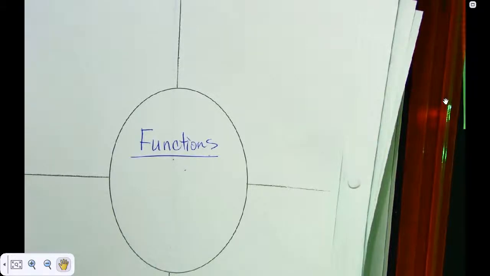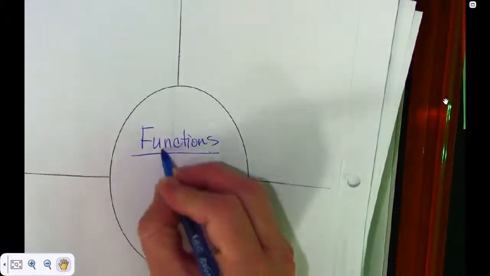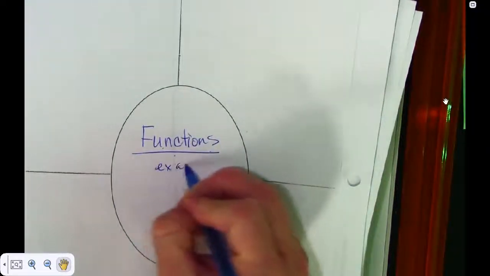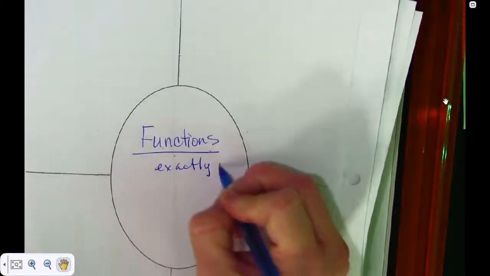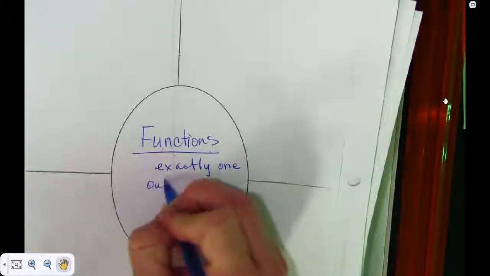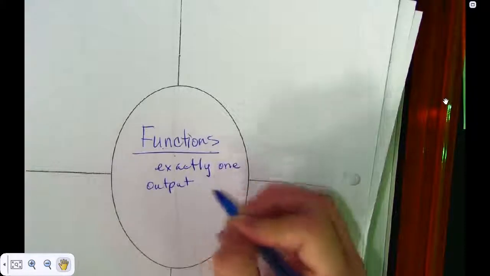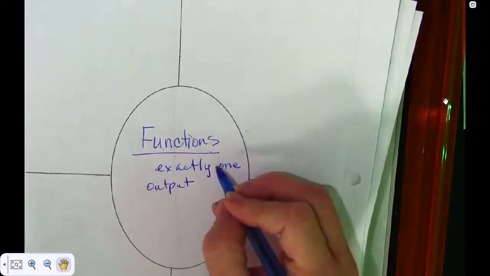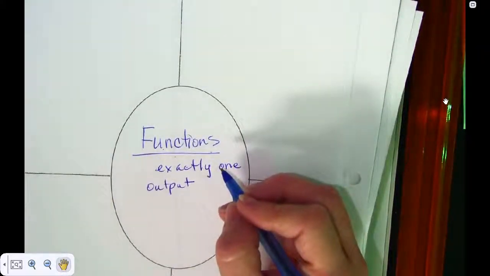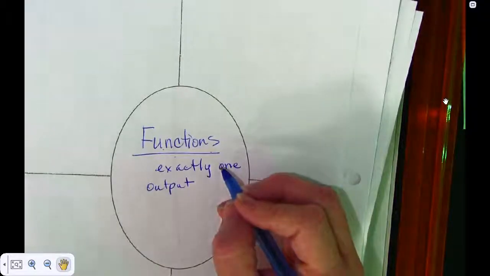Okay? So a function, think of a Coke machine, has exactly one output. What's an output on a Coke machine? The drink. Guys, what do you get out of a Coke machine? A Coke. A soda.